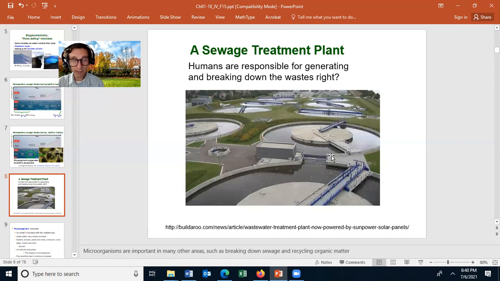And green plants can make other molecules too besides glucose, but we're just going to stop at glucose. Okay, everyone understand how important microbes are for breaking down the waste in a sewage treatment plant, as well as a tree that dies in the forest.